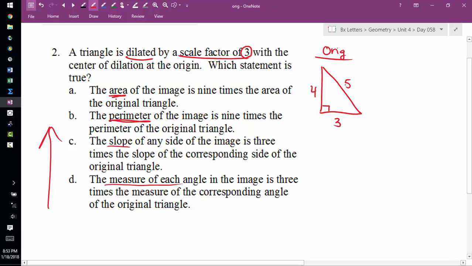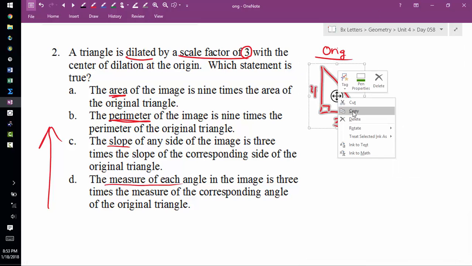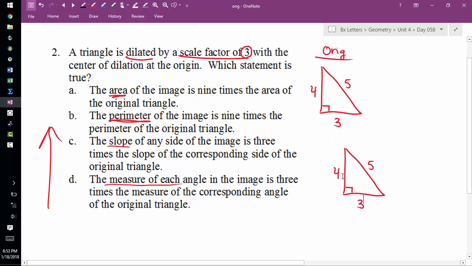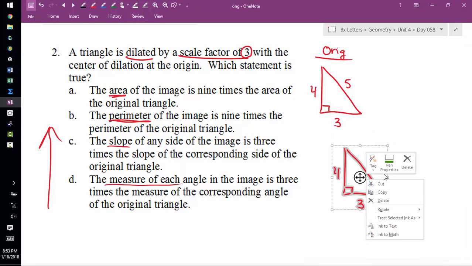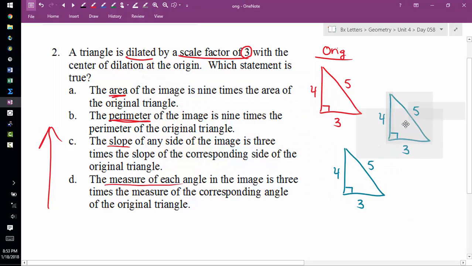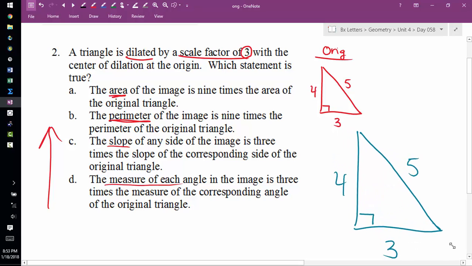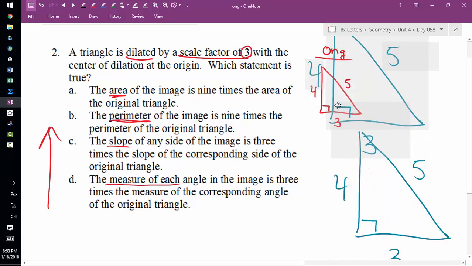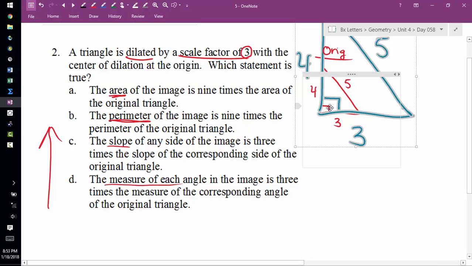And if we were to dilate that, if I were to copy, paste that thing, let's color it blue, boom, and if I were to dilate it, you can see that the angles are not changing. That is still a 90-degree angle.